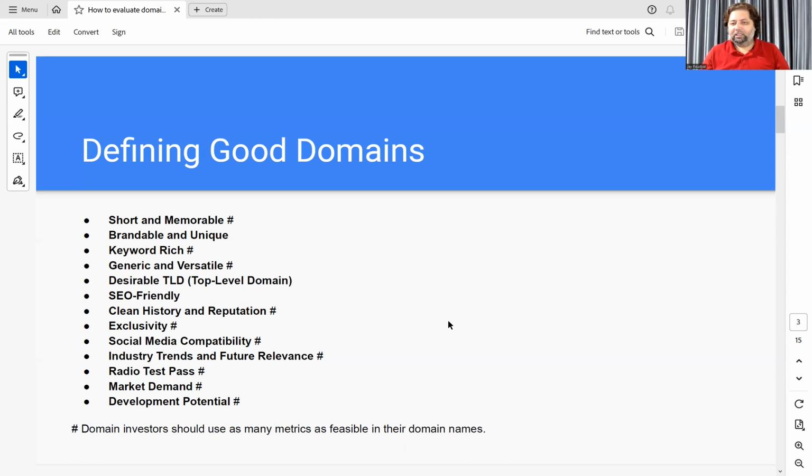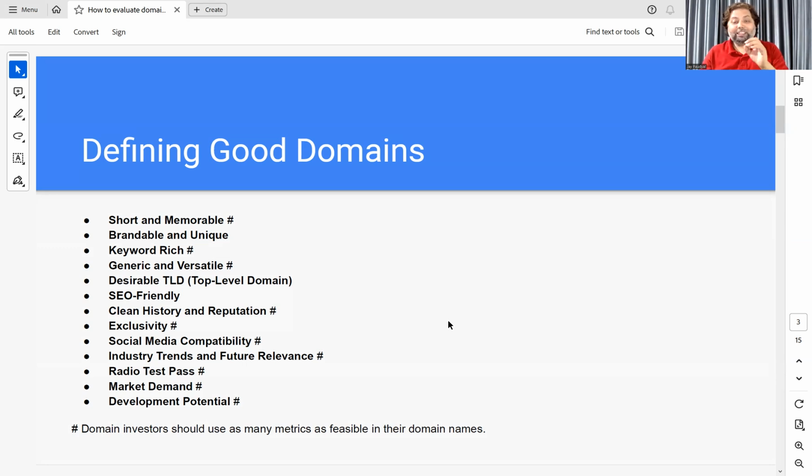Okay, Ram is saying, sir, if a domain name has good CPC and searches but a bad reputation, should one go for it? No, you should not buy a domain name in any case which has a bad reputation and spam score.